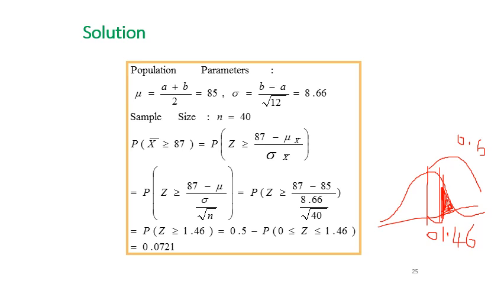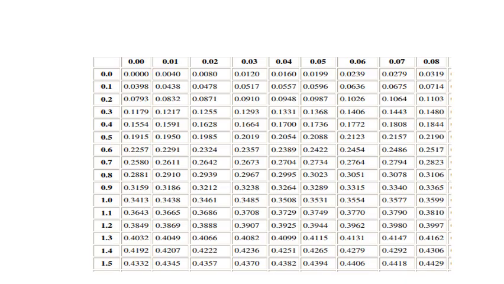By subtracting this area, the area we will get from the tables, from 0.5, we will get the answer of the problem. So let's now see how can we find the area from 0 up to positive 1.46 from the standard normal tables.